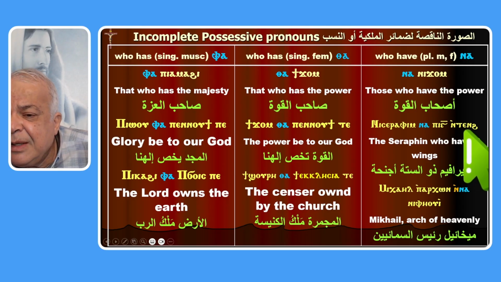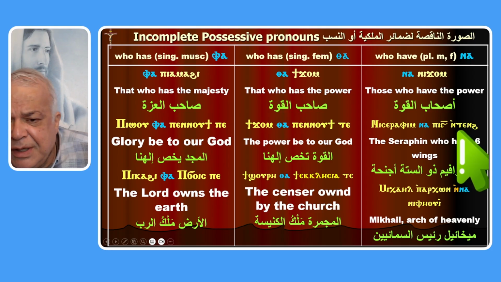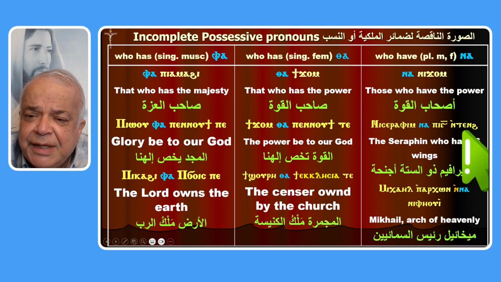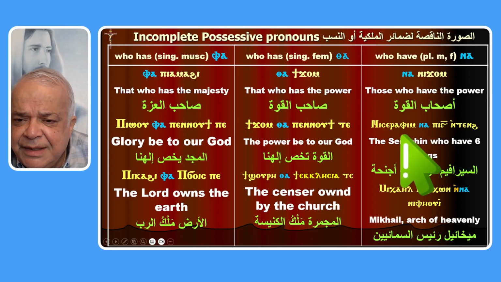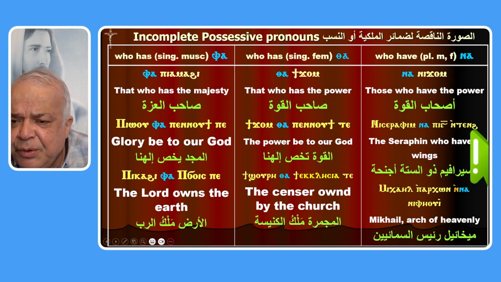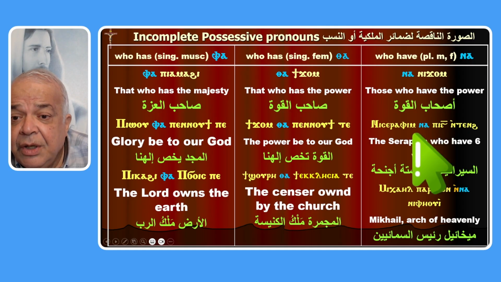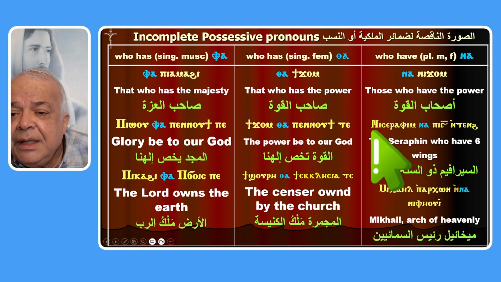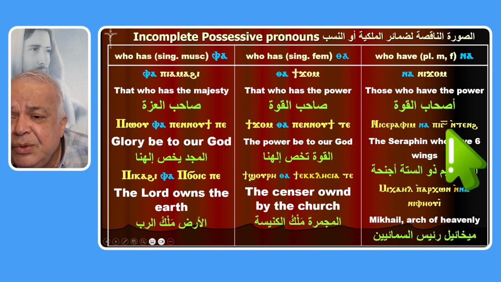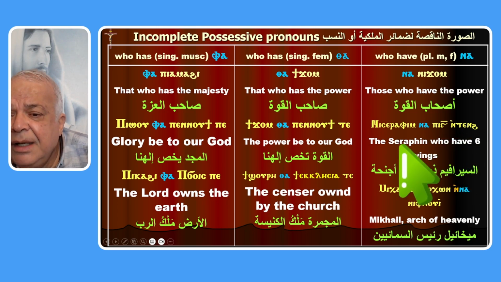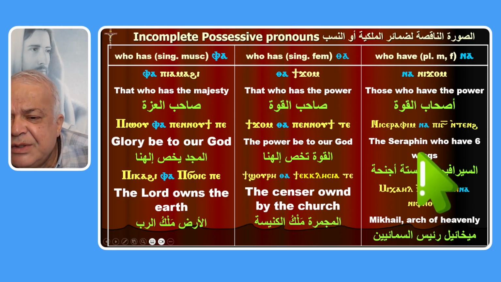But the owned material, the plural is similar to the singular, except in a few irregular plurals which will be explained to you in the future. Those are around 16 irregular plurals. So here again we'll see Ni seraphim na piso enten, the seraphim who have 6 wings.